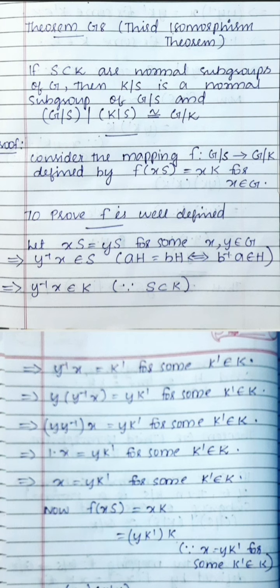So I'm defining a mapping f from G by S to G by K, defined by f of xS equal to xK for x belongs to G. I need to prove that this function is well defined, a homomorphism, and one-to-one.